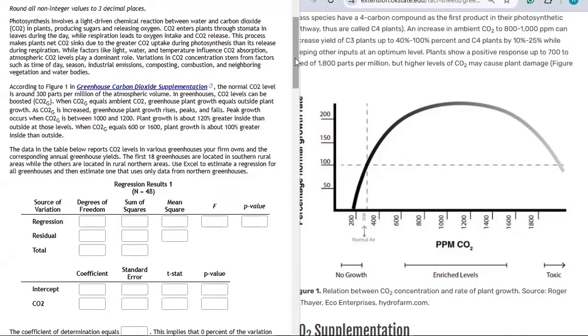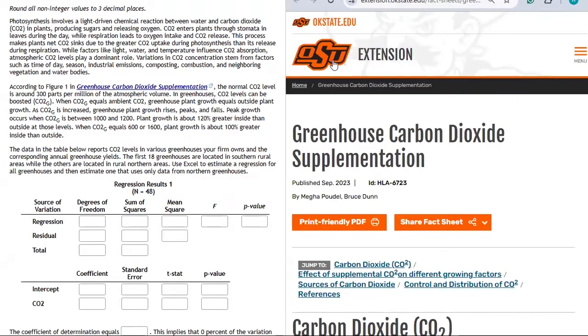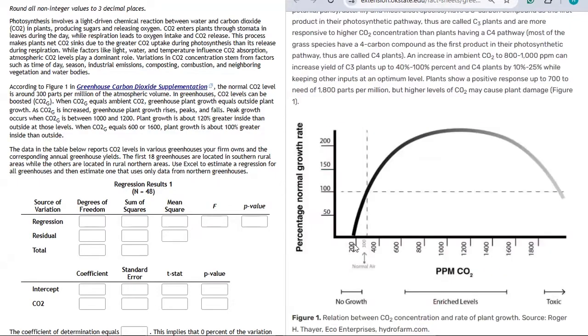Now, according to figure 1 in this Greenhouse Carbon Dioxide Supplementation publication by the Oklahoma State University Extension, as CO2 levels rise inside a greenhouse, yield rises, peaks, and then falls. Peak growth occurs when greenhouse CO2 levels are between 1,000 and 1,200.